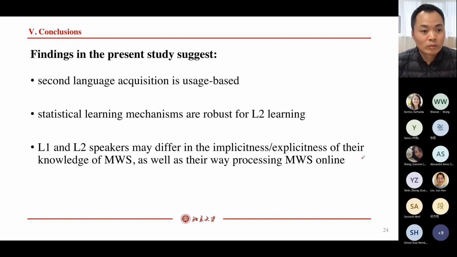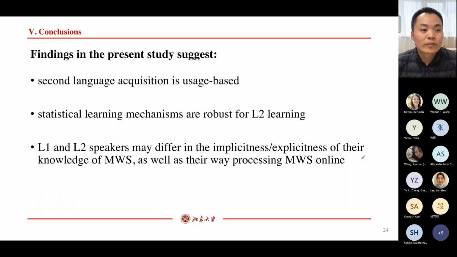And since we find that L1 and L2 speakers are both sensitive to statistical regularities underlying English collocations, I think this confirms that second language acquisition, and first language acquisition as well, takes place following this usage-based story. That is, we are able to track statistical regularities underlying language input, and such statistical knowledge is going to help us acquire first and second language.